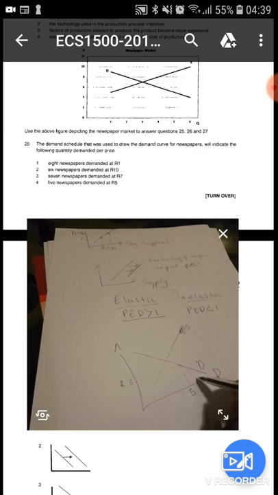If you move from 5 rand, you have 5 quantity of units being demanded. That's why I'm saying the option is true, because when you move along the line and reach the demand curve, you see it's only 5 quantities being demanded. So other options are not matching. So it's option number 4, question 25.